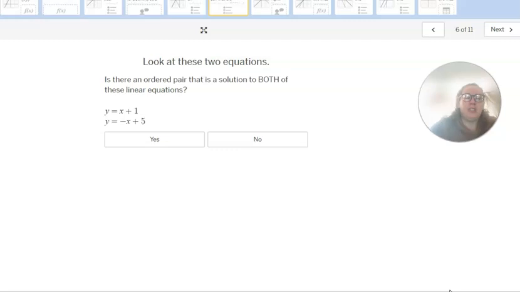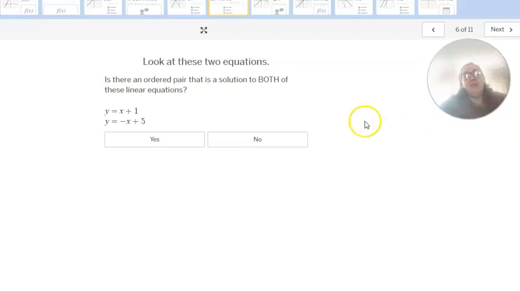Look at these two equations. Is there an ordered pair that is a solution to both? We don't have a graph here. We're going to learn other ways to solve for solutions using algebra, using substitution, using elimination as the weeks continue. What we're thinking of is, is there a number that we can add 1 to and get a Y value, and then plug in that same number, make it negative, add 5, and get a Y value.